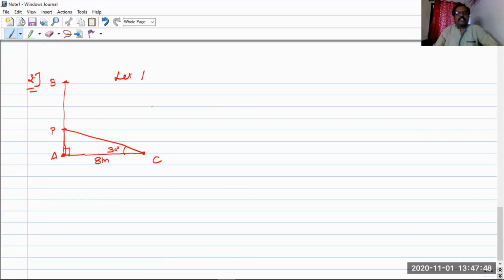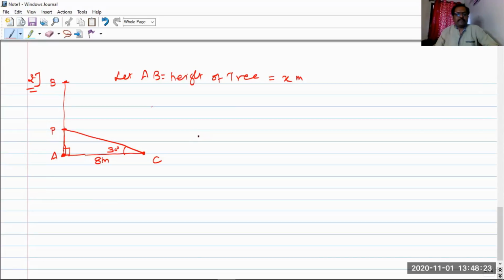Let us consider AB is the height of the tree. Since AB is the height of the tree, we denote it by x meters, suppose. Now, how much is AP?